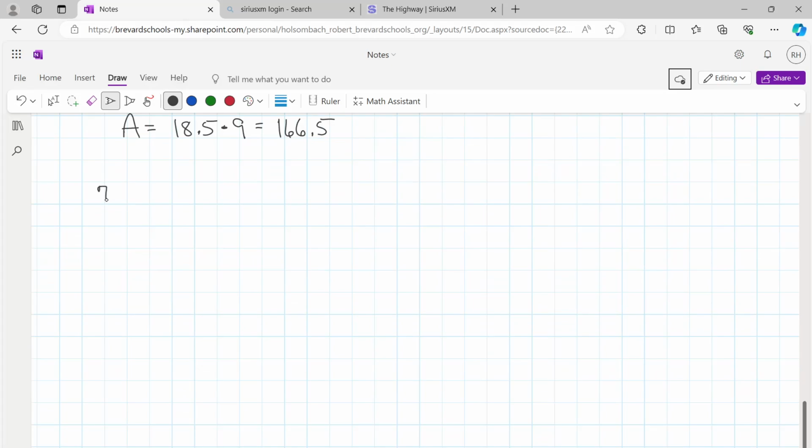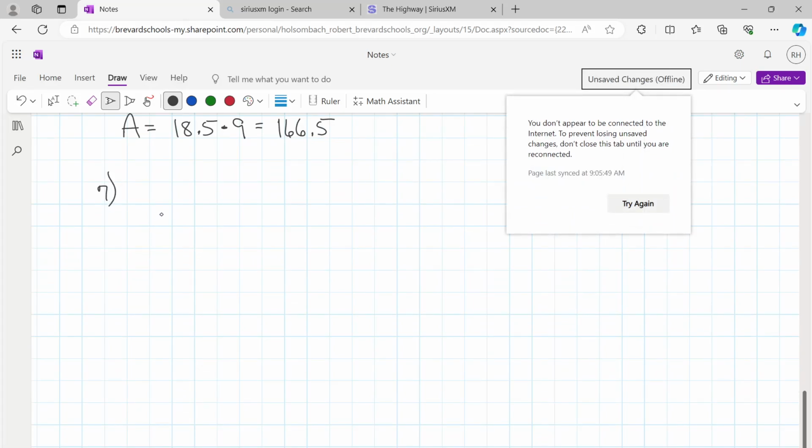Problem number 7. Another parallelogram. And we've got a 30, a 20. Now our height goes this direction.